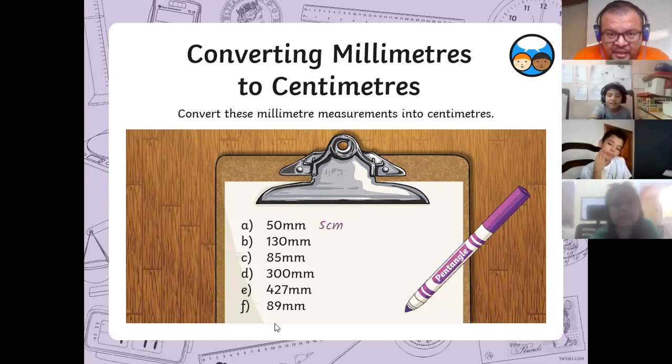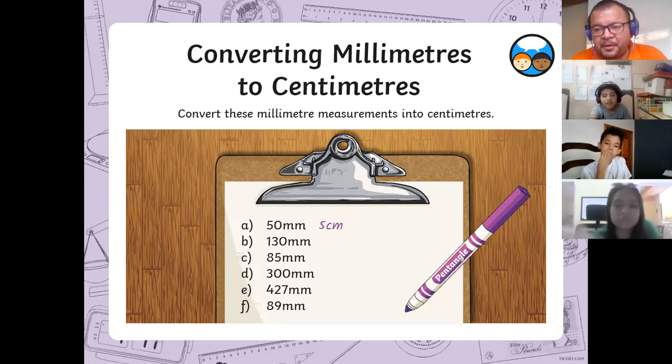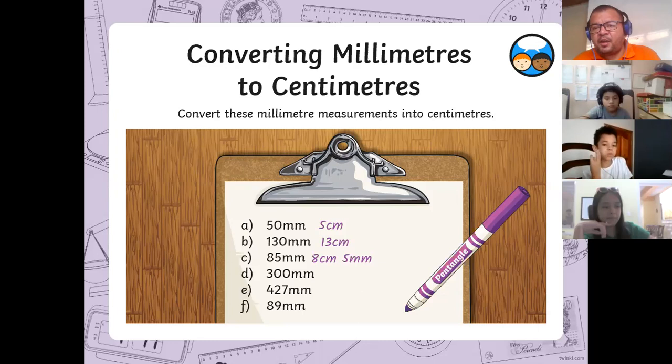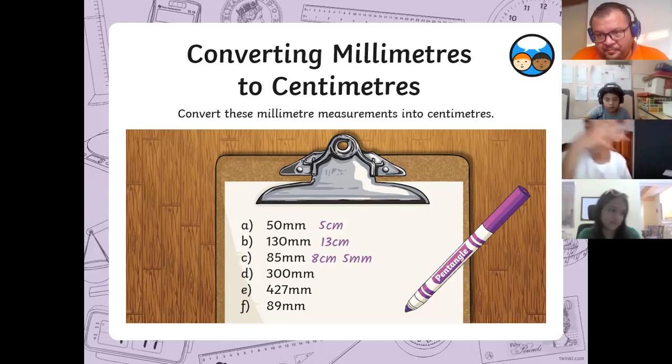50 millimeters is equal to 5 centimeters. 130 millimeters is equal to 13 centimeters. 85 millimeters is equal to 8.5 centimeters, or 8 centimeters 5 millimeters.